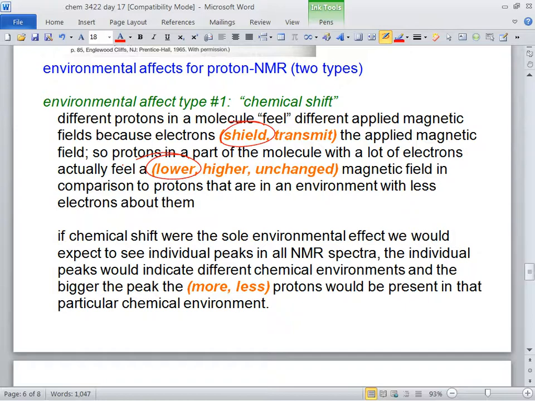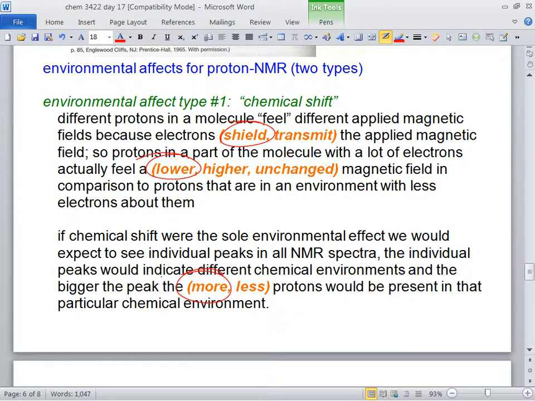If chemical shift were the sole environmental effect, we would expect to see individual peaks in all NMR spectra. The individual peaks would indicate different chemical environments, and the bigger the peak, the more protons will be present in that particular chemical environment. Yeah, exactly.